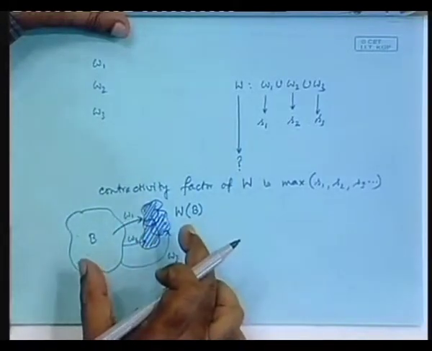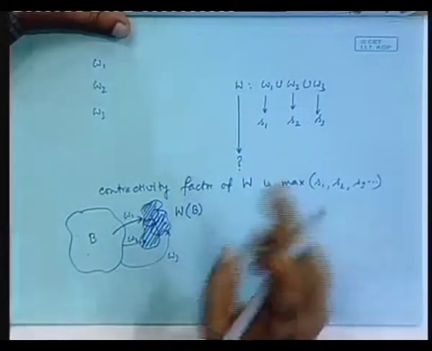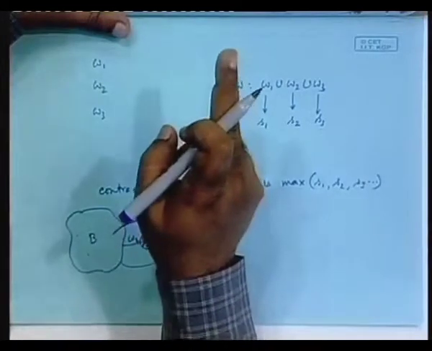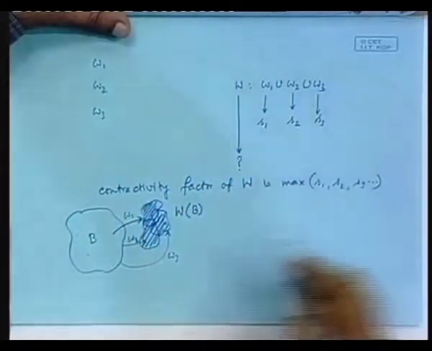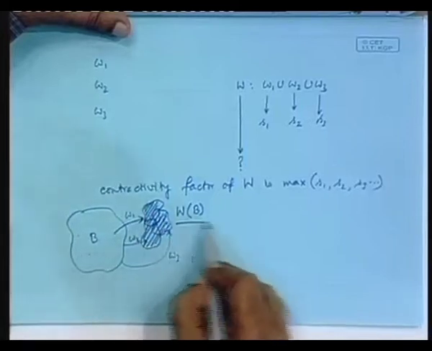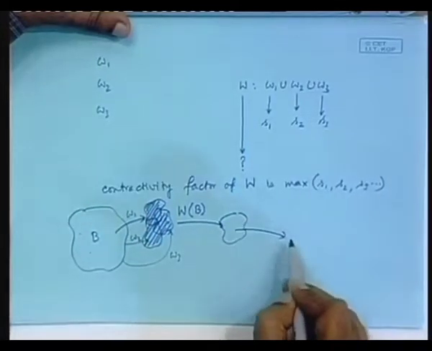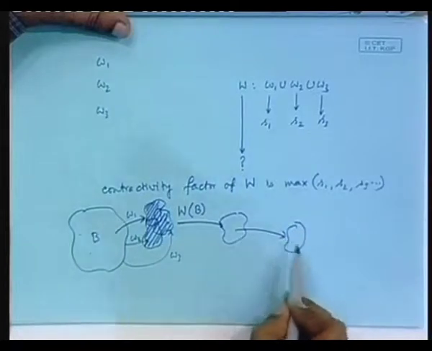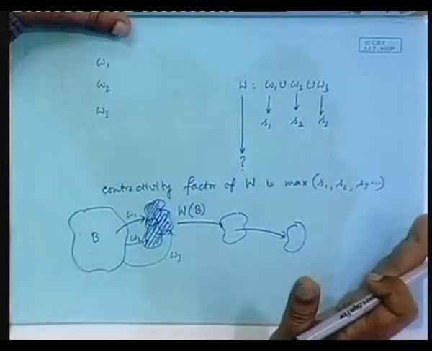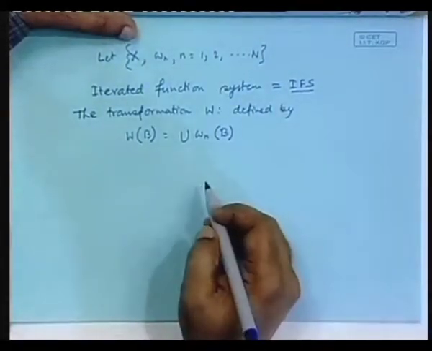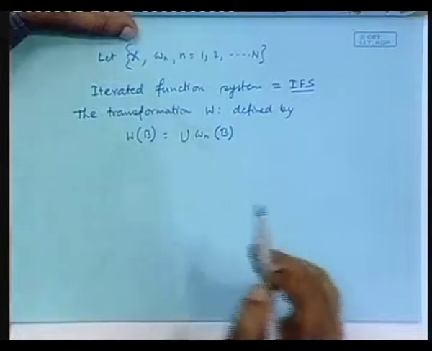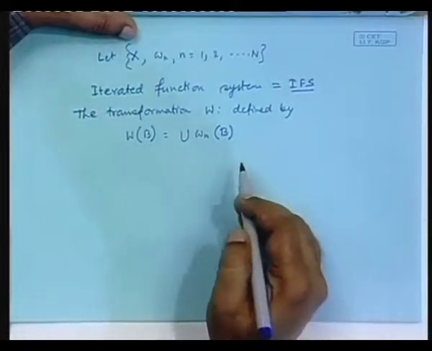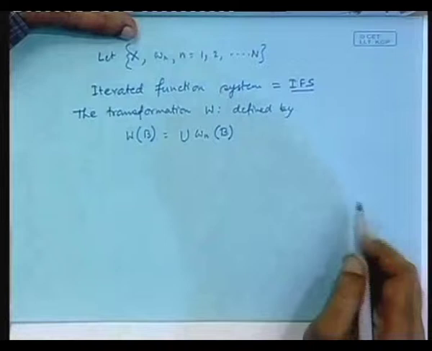This is the iterated function system. Capital W is a function system. Go on iterating it. That means you apply once, you get this, you apply again, you get something else, you again get something else. Ultimately, it will give a sequence of images, and that is what we are talking about. Now, this is the mapping, and suppose this is a contraction mapping.